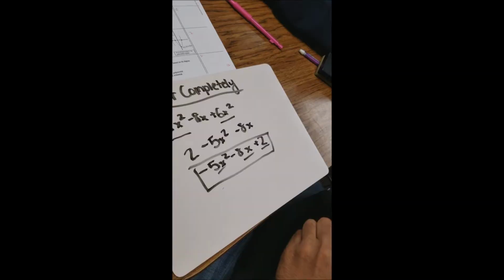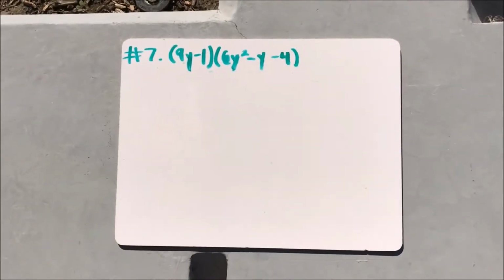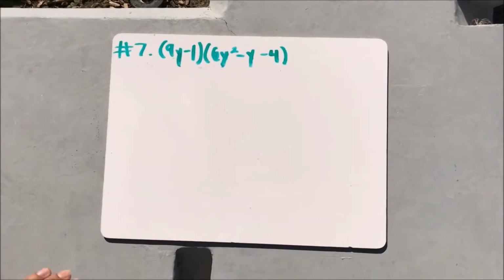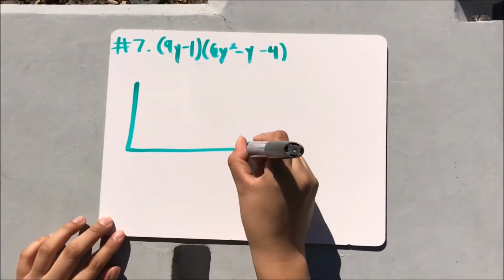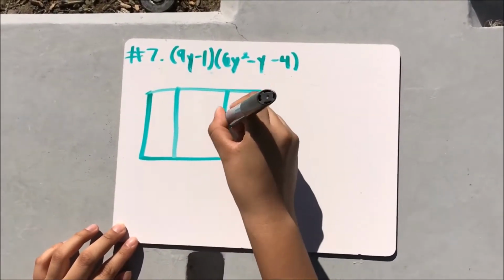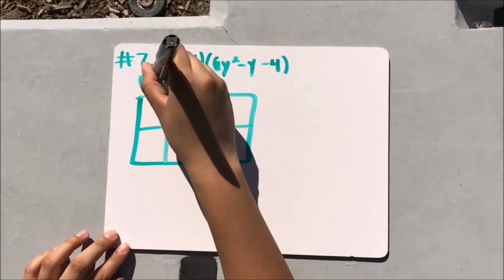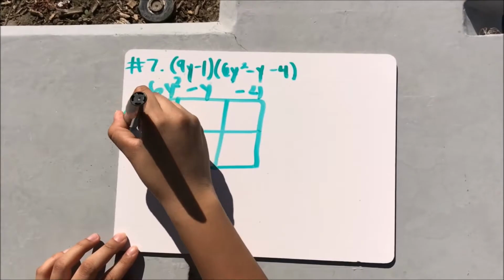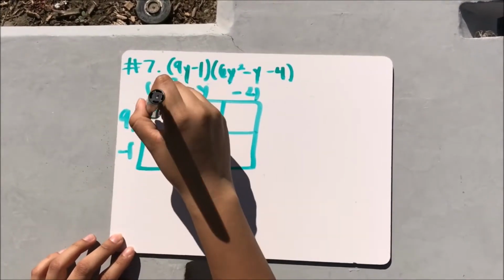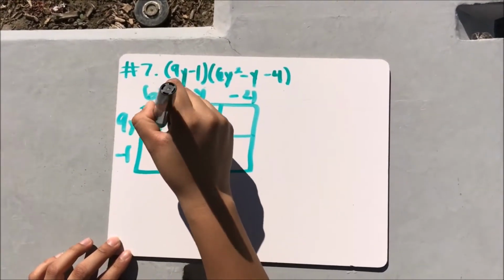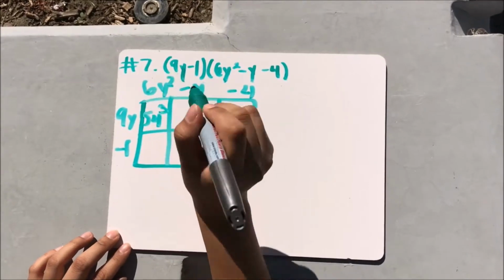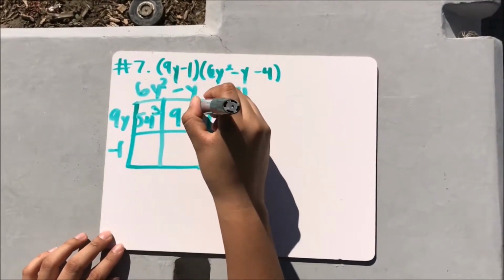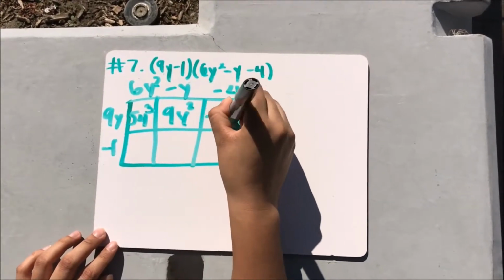Thank you, Mr. Ng. For number 7, (9y minus 1), parentheses, (6y squared minus y minus 4), we'll be multiplying these two functions and we'll be using the box method. On the top, we'll use the function with the highest degree, which is 6y squared minus y minus 4. On the far left, we'll write 9y minus 1. We will then multiply 9y times 6y squared, which will equal 54y cubed, and then 9y times negative y, which would equal negative 9y squared.